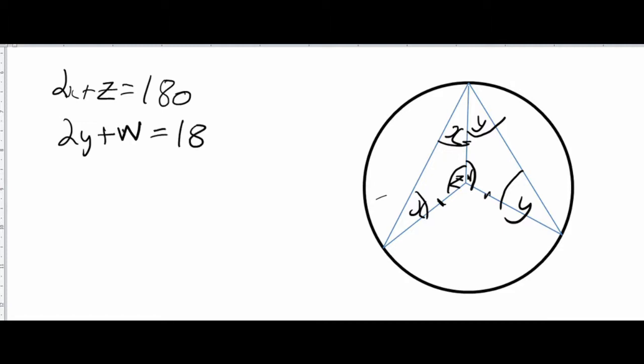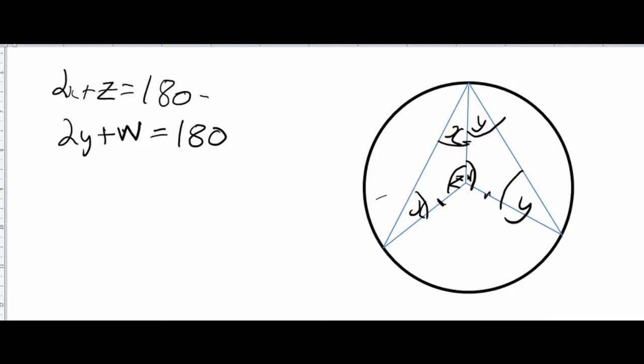Okay, so because angles in a triangle add up to 180, we can say that 2x plus z is equal to 180. We can also do the same for the other triangle and we'll get 2y plus w is equal to 180.